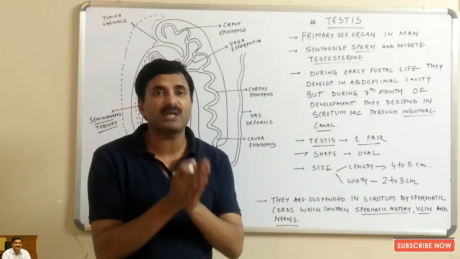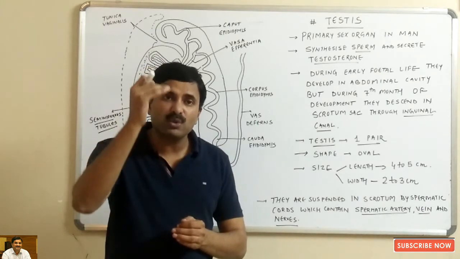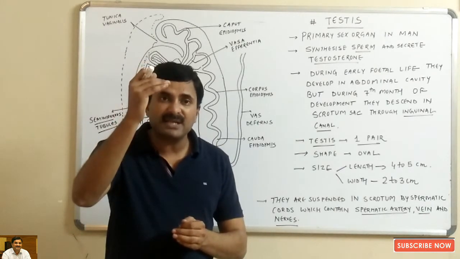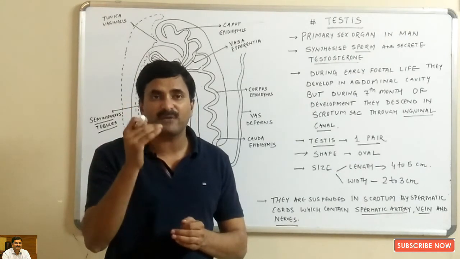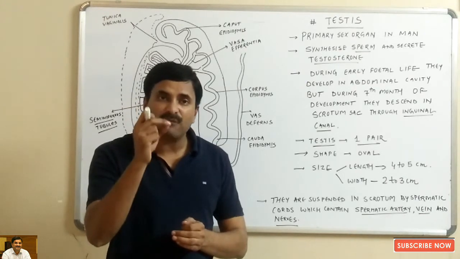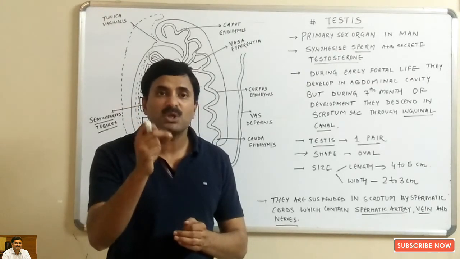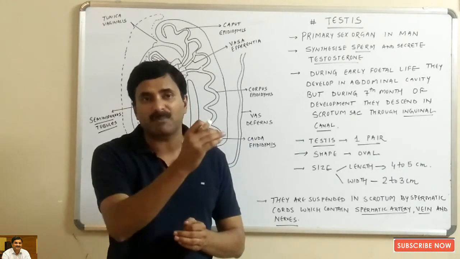So during the 7th month of the embryonic development, the testes descend through the inguinal canal from the abdomen into a pouch-like structure of skin known as the scrotum, and the temperature of the scrotum is at least 2 to 2.5 degrees less than the body temperature.